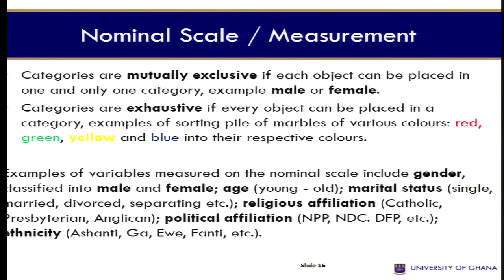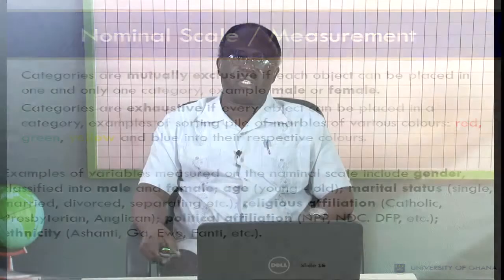We have explained what is mutually exclusive and also exhaustive. Examples of variables measured on the nominal scale are gender, that is, gender is classified into male and female; age classified into young and old; and marital status into single, married, divorced, etc. All these are categorical variables.